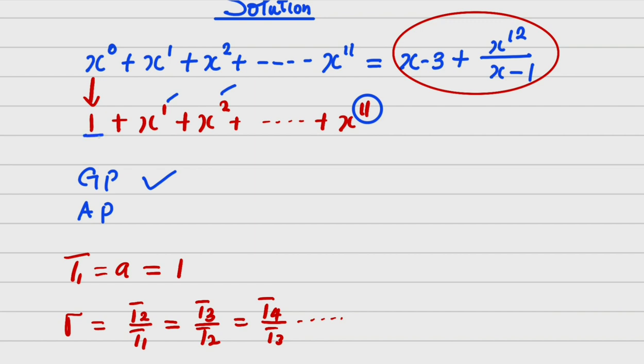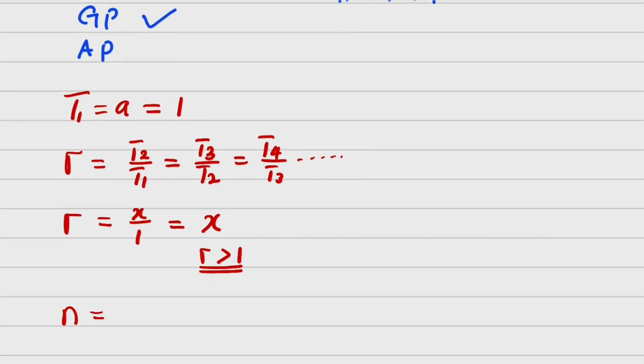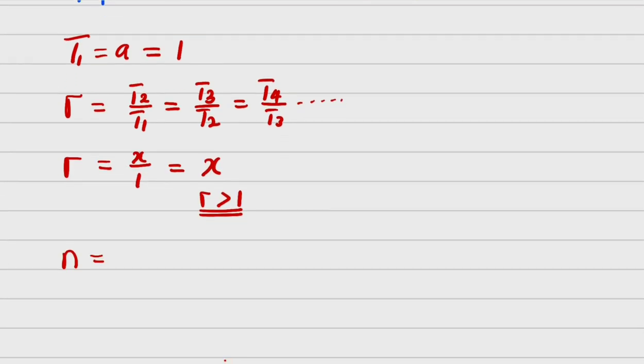But we have one more term here. So it actually is going to be 11 plus 1. That is going to be our n, okay? So 11 plus 1. So that is our n. And it's equals to what? 12.